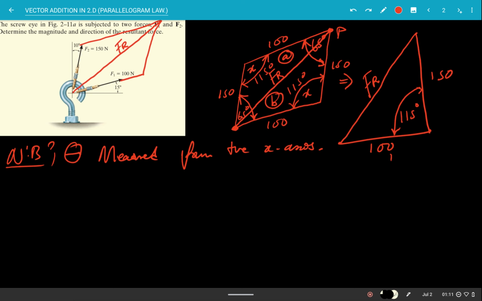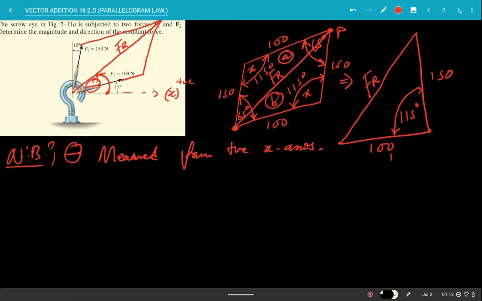If they say counterclockwise, which is the same as saying from the positive x-axis, it means that this is our x-axis, as you can see, and this is the positive side. So from the positive x-axis, it means from this point going all the way touching the force resultant. So the angle in between here is the direction.